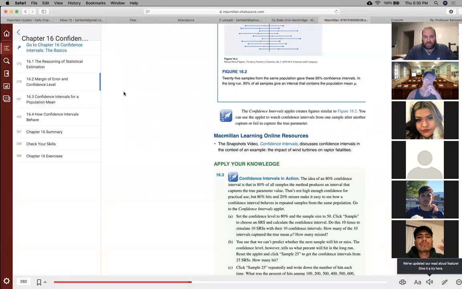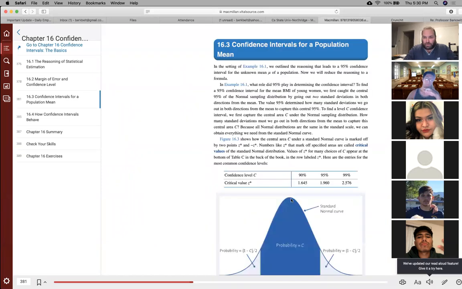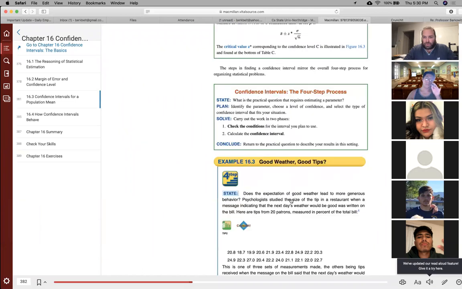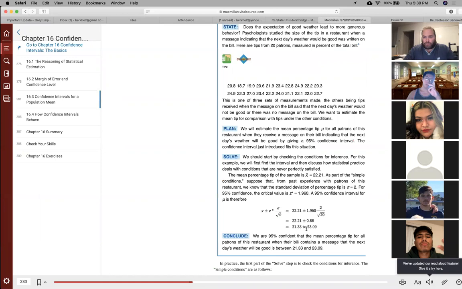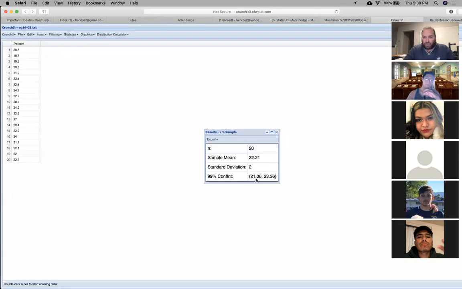Notice, it got wider, right? If we look at our values, before they were 21.33 to 23.09. And now this one dropped, this one got bigger. So greater confidence, and it gets wider.